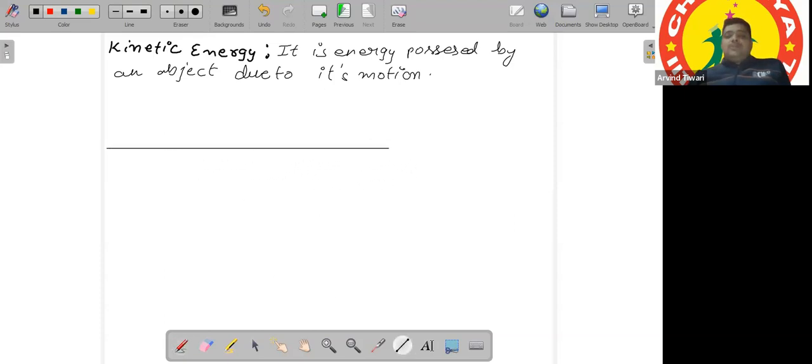Suppose you place a ball of mass m at a certain point.